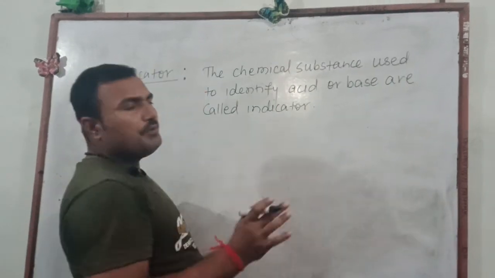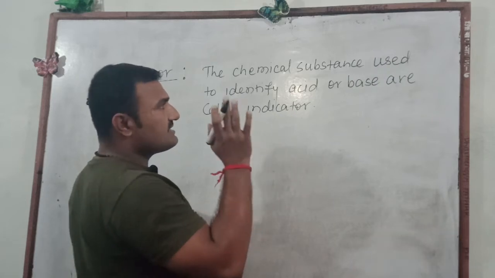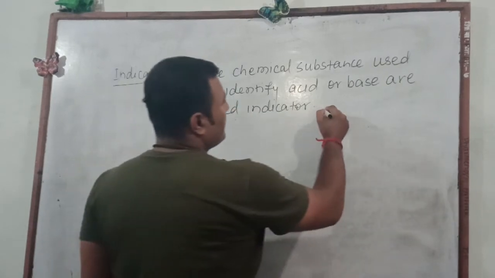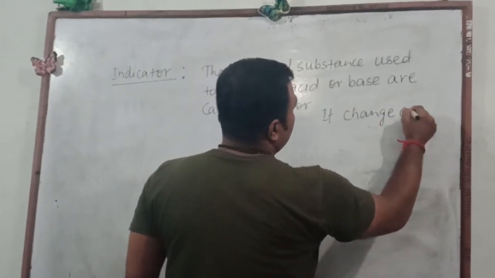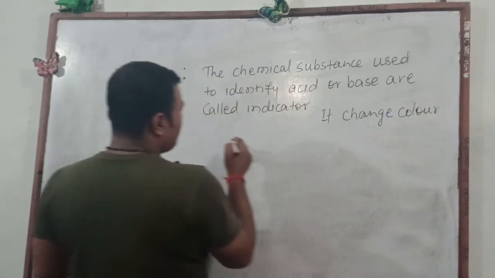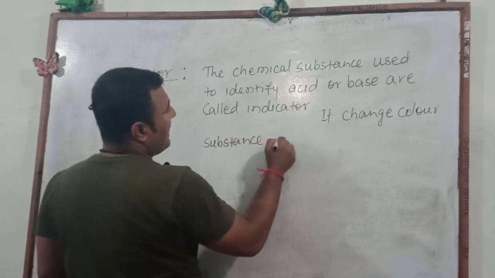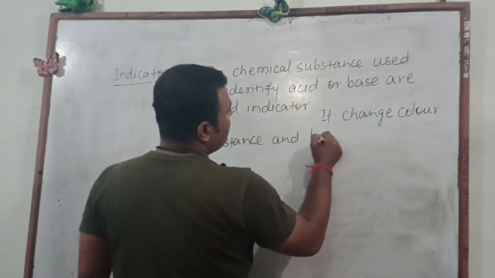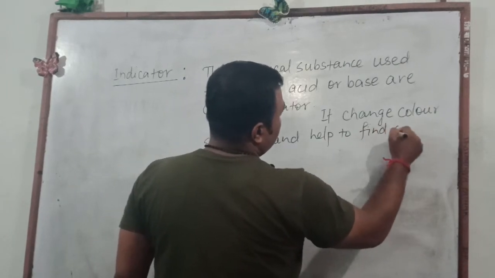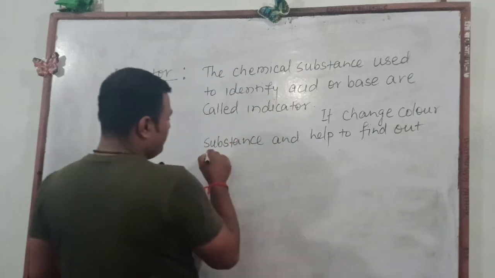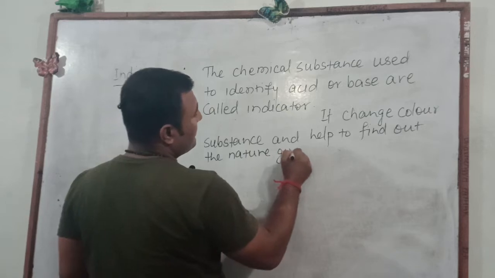Listen. And how does an indicator indicate whether the chemical substance is acid or base? It changes the color of the substance and helps to find out the nature of the given chemicals.